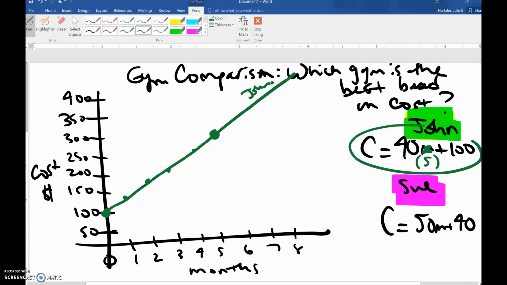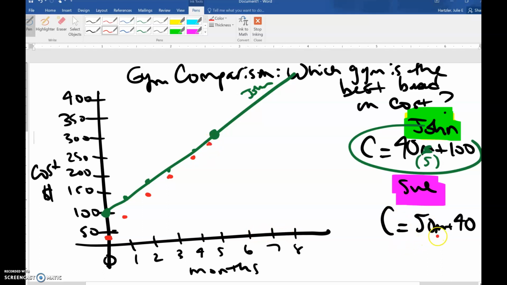All right, and then Sue, I'm going to do the same thing. She's at 40 to start out with. Sub in 1, I would get 90, which is a little bit less here. And at 2, I get 140. And 3 would be 150 plus 40, 190. 4 is going to be 200 plus 40, 240. 5, we get 250 plus 40, 290.